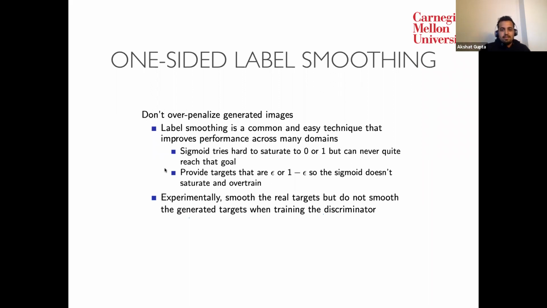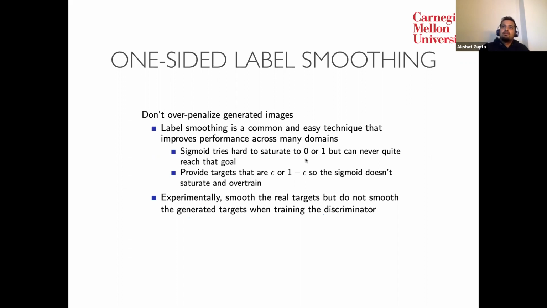It's a very old regularization method, and something you don't have to restrict yourself to with GANs. You can use it in all kinds of classification problems that you work with. The idea here is to not use zeros and ones as labels, one-hot vectors, but our targets can be 0.01 and 0.99, something like that.